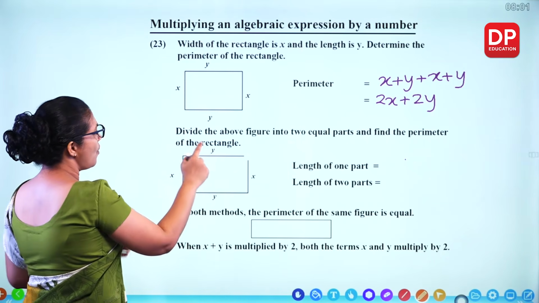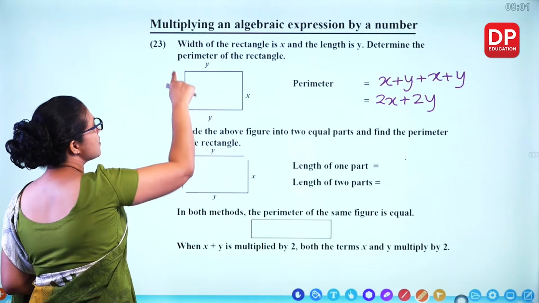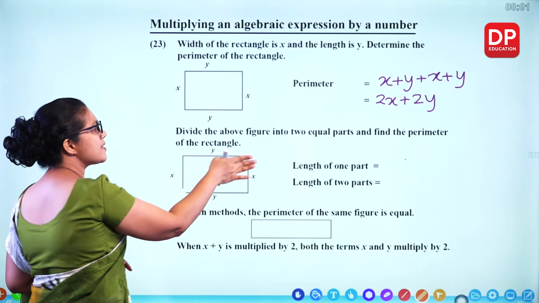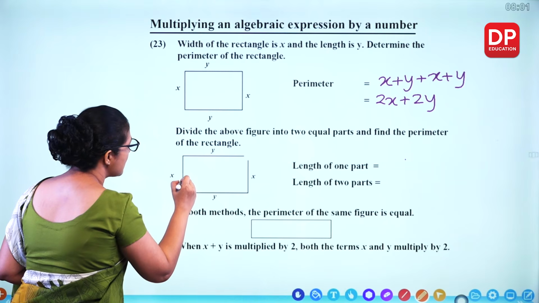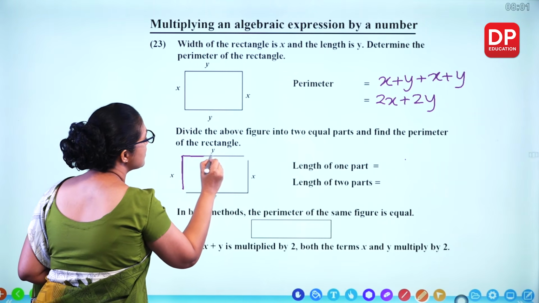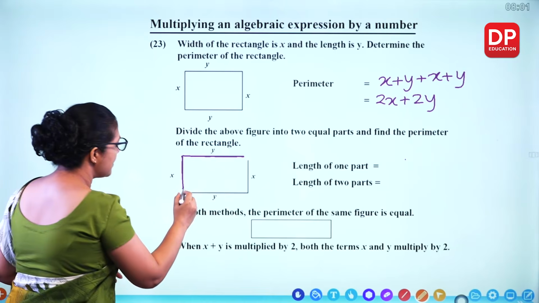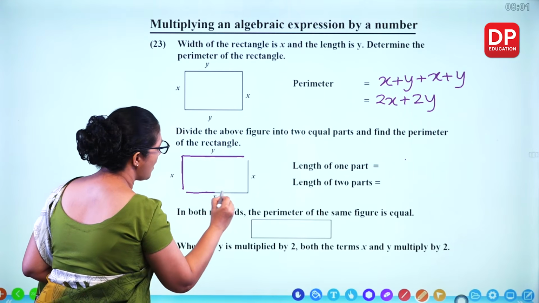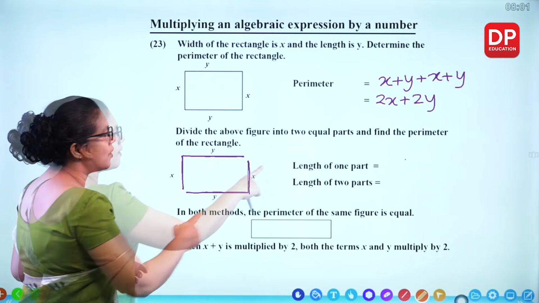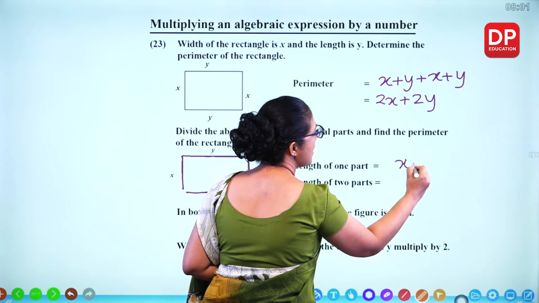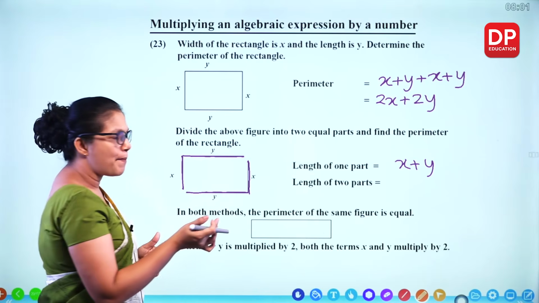Now I want to just separate these two parts, this part separately and this part separately. When you separate this, what's the length of this one? x plus y. You get the same length here, x plus y. So length of one part is x plus y. Length of two parts you multiply by 2.